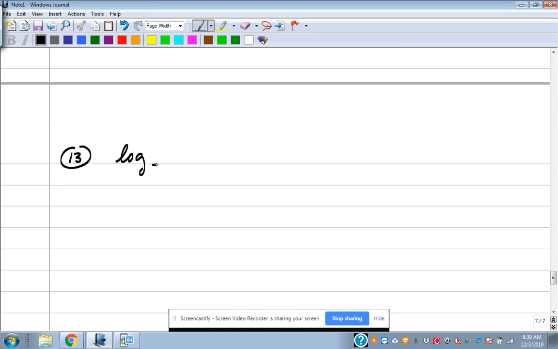Log base 7 of 3x minus 2, minus 6, is equal to negative 4. Add 6, because you've got like terms there. We're going to get those together.